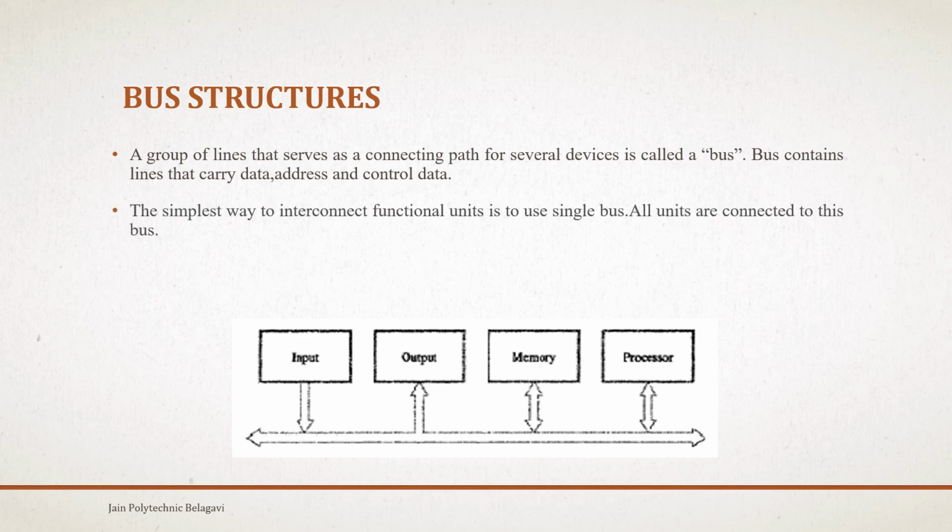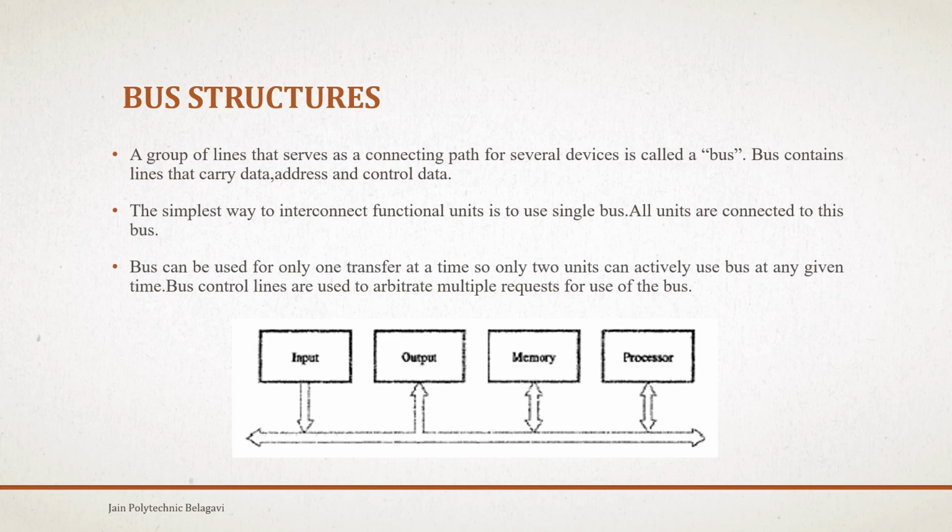Now the simplest way to interconnect functional units is to use a single bus. Here you can see it is a single bus, that is, all the units are connected only to a single bus. Now sometimes buses can only transfer one at a time. What it means is only two units can actively use the bus at any given time.